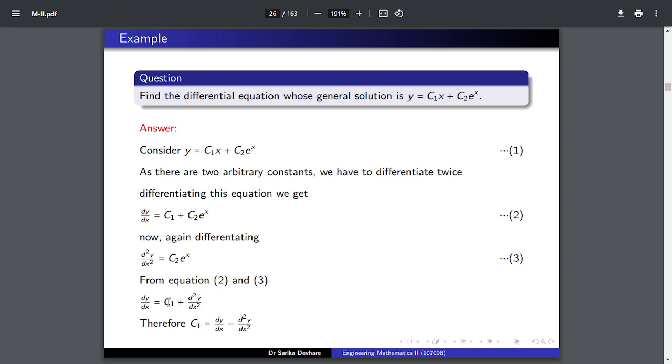From this we find c1 equals dy by dx minus d2y by dx square. Now we have the values of c2 e raised to x and c1, so substitute these two values in the first equation.